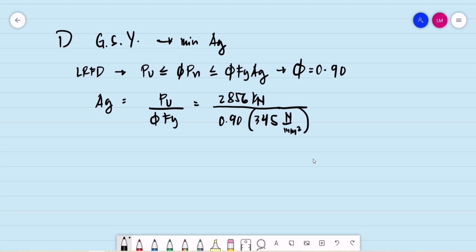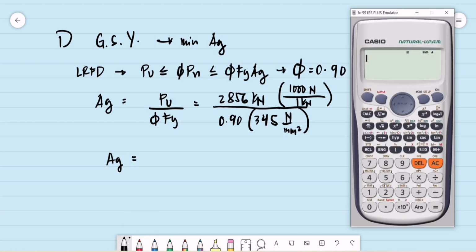Our numerator is in kilonewtons, so we have to multiply this by 1,000 newtons to 1 kilonewton. So the gross area under LRFD GSY is 2,856 multiplied by 1,000, divided by 0.9 times 345. I'll just use the whole number since 0.067 is in millimeters already, a very negligible value.